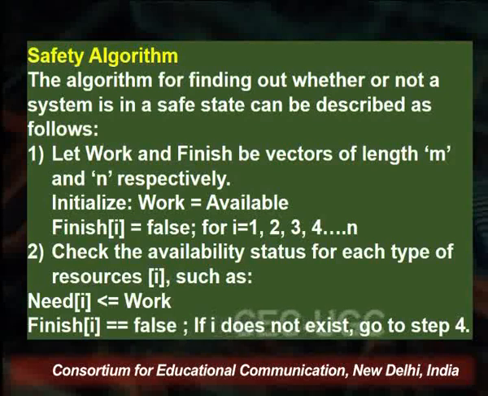Now in this safety algorithm we are going to check the availability status for each type of resource such that need of i is less than or equal to work, because work is nothing but the availability, and the need of a particular process for a particular resource should be less than availability, because we cannot allocate more than what is available.